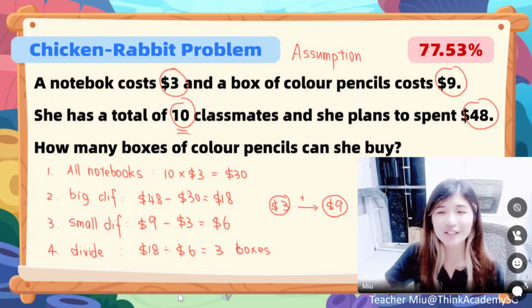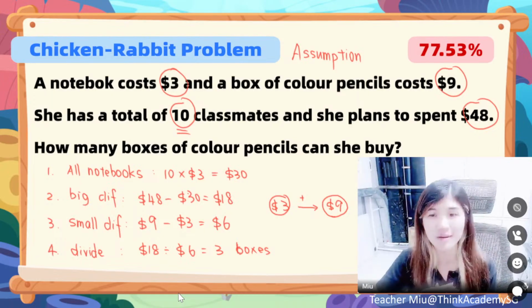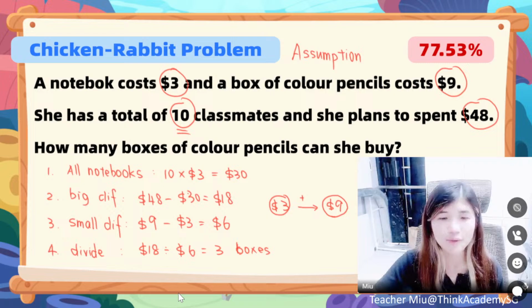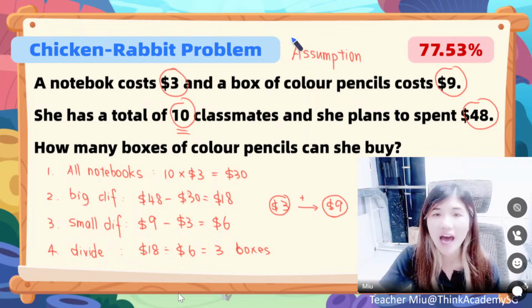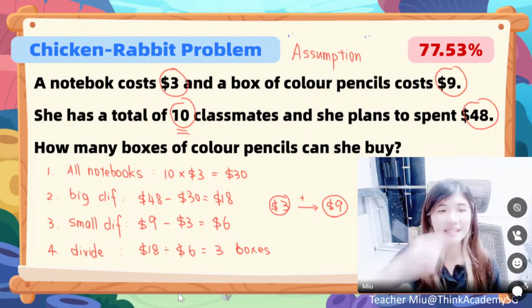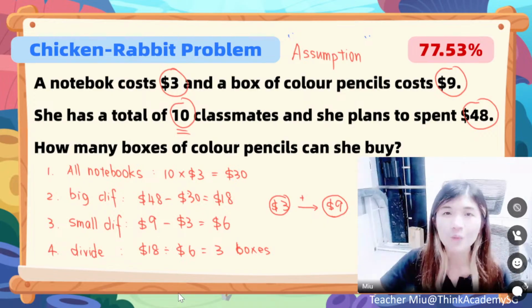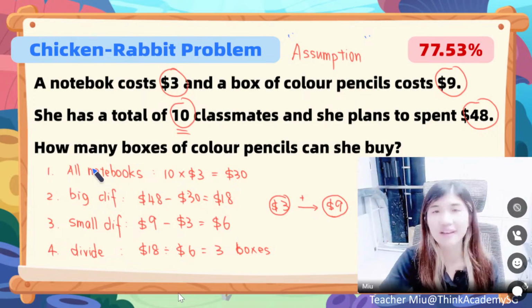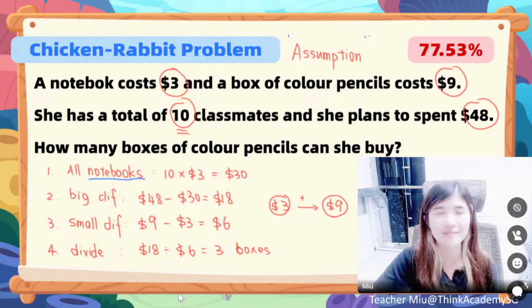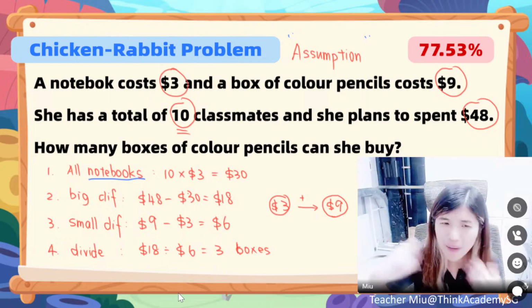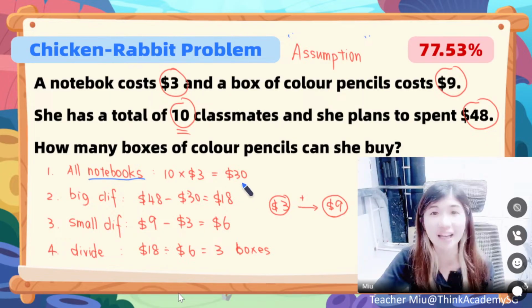So let's just review on how we do the chicken rabbit problem. For the chicken rabbit problems, always we use the assumption method. For the assumption method, that means we assume they are all one kind of thing. For example, we assume that they are all notebooks. Then you will just find out if we buy all the notebooks, we only need $30, right?